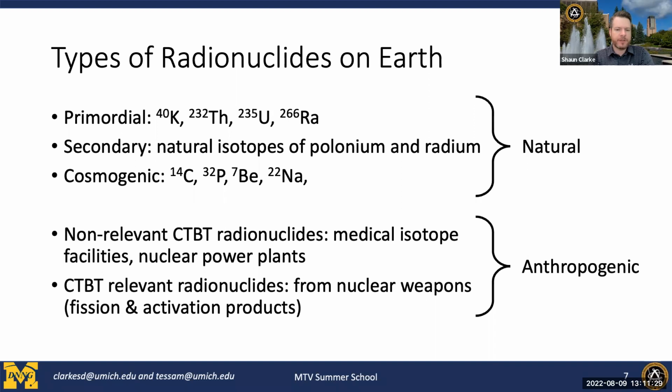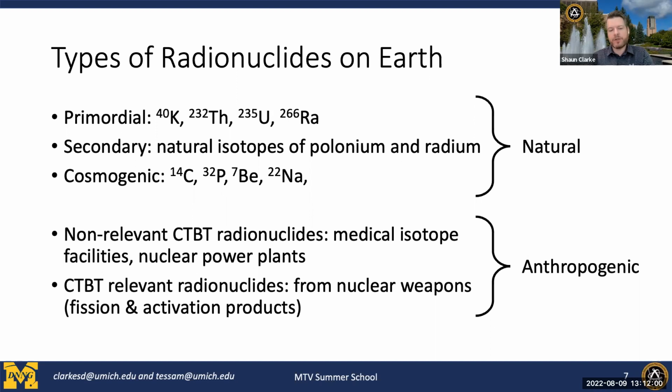These types of radionuclides exist mostly in soil samples. The cosmic rays are coming down as well, but they don't often interfere with the atmospheric sampling we're doing when we're talking about radioxenon. The bottom 2 bullets, however, can interfere with radioxenon monitoring. The two main sources of man-made background that interfere with radionuclide monitoring are medical isotope production facilities and nuclear power plants.